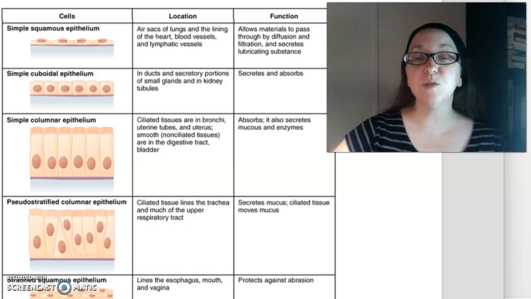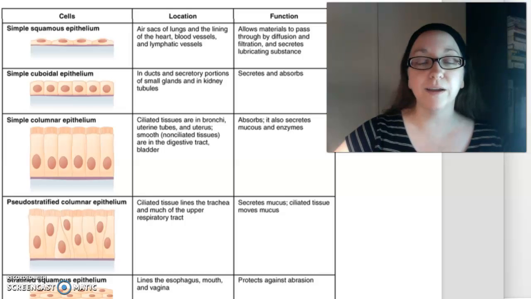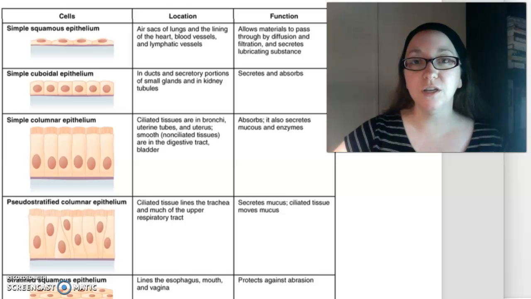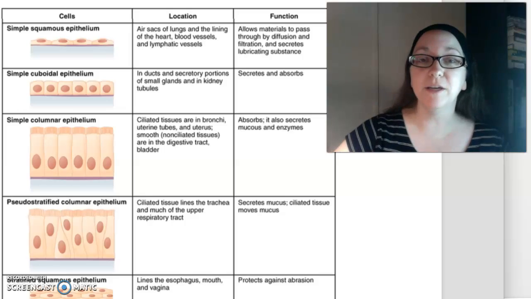Now we're going to look at some specific epithelial types and what they look like under a microscope, and then what they do, and their common locations in the body. Now, this big table of information is already here. It's nothing that you can't just go ahead and read. But I think sometimes it's very hard to digest all that information at once.